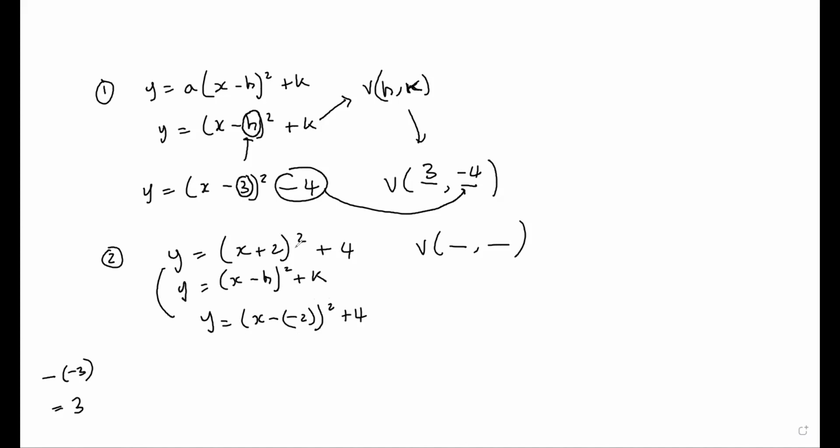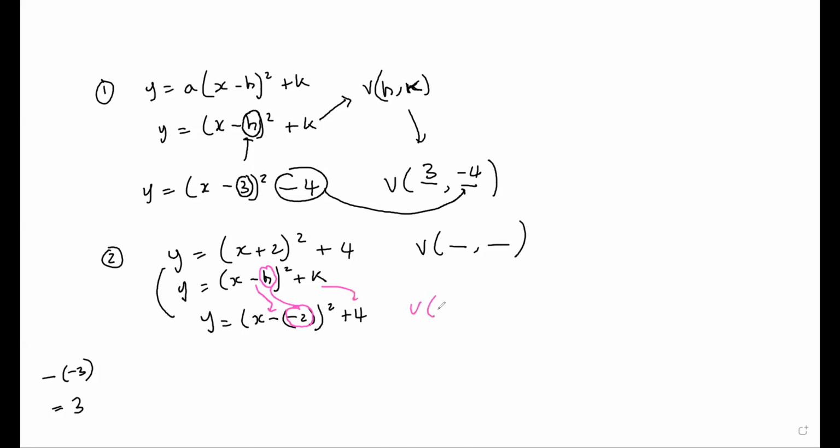So our general form, we've got h here, which is going to be minus 2. Okay, because that minus sign needs to be there. And k is 4.